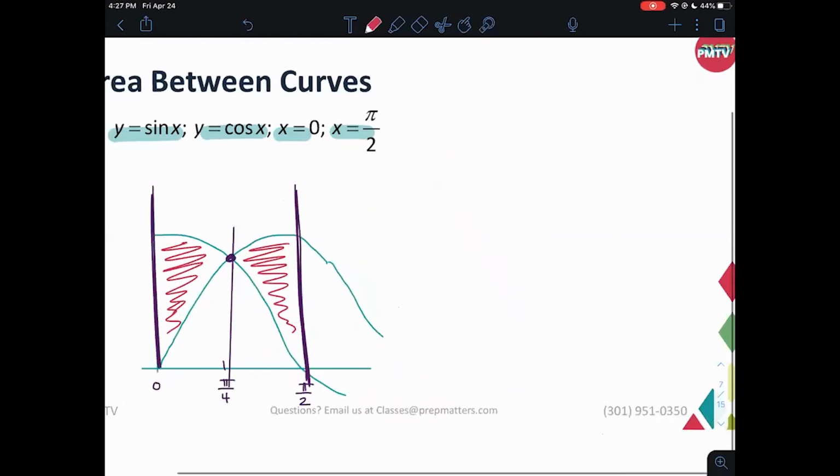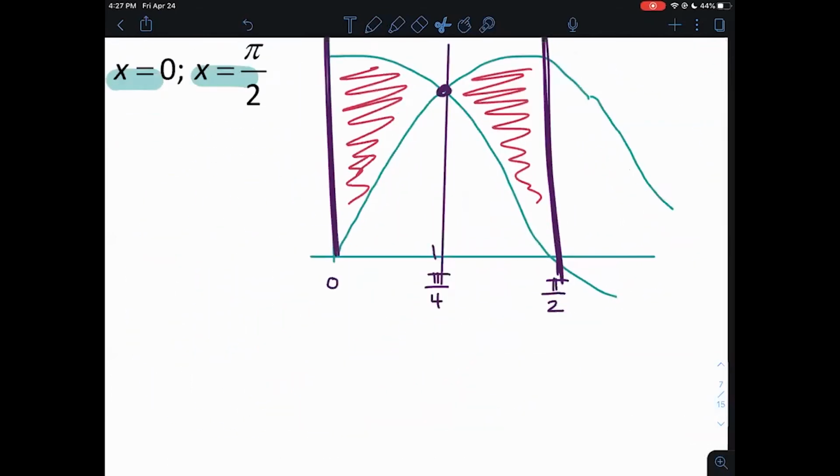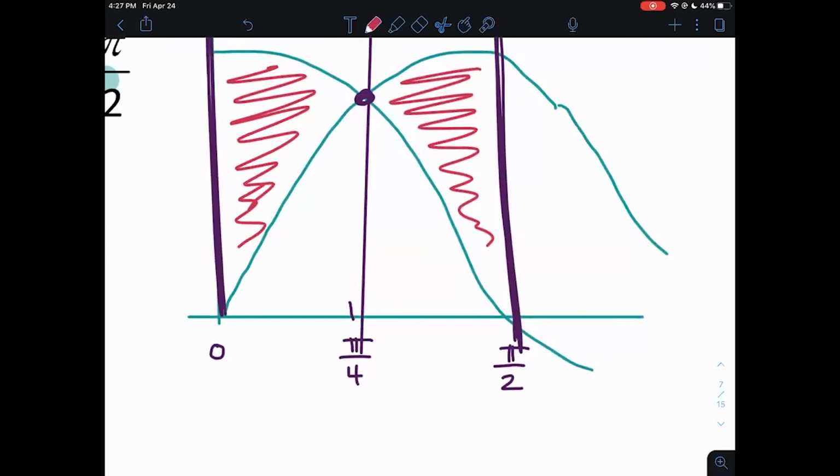So setting that up, let's see if I move this, if I can write and not take this away from your line of sight. We are going to go from 0 to pi over 4 and integrate cosine of x minus sine of x. I want the area under the cosine curve, or between the cosine curve and x-axis, and then take away the area between the sine of x curve and the x-axis.